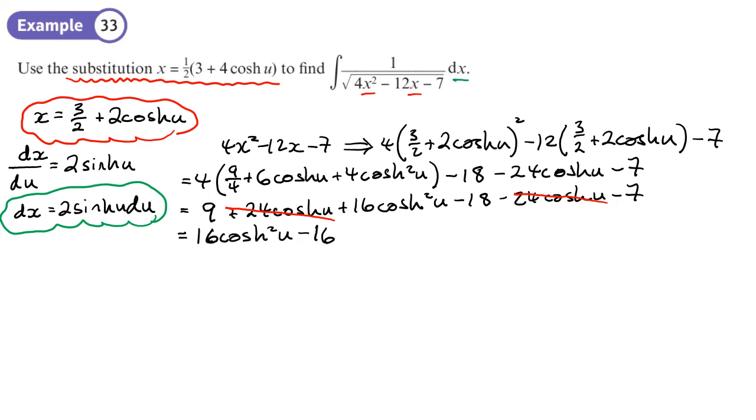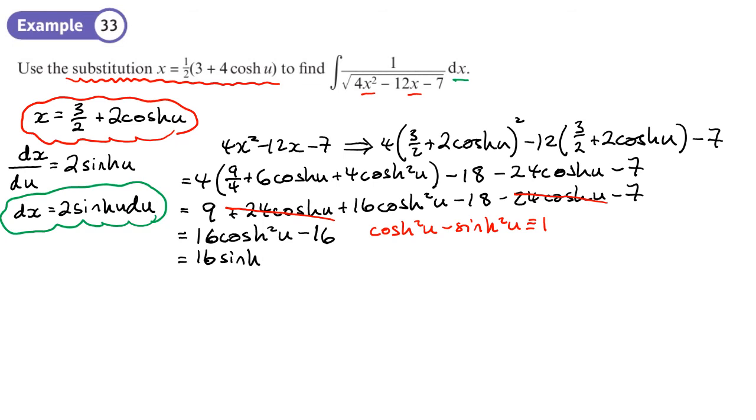Okay, and actually what I notice here, I don't really want to be substituting that in underneath the square root, but by using this identity, cosh squared u minus sinh squared u is equivalent to 1. If I were to times both sides by 16 and move the sinh squared u across, basically this is the same as 16 sinh squared u.